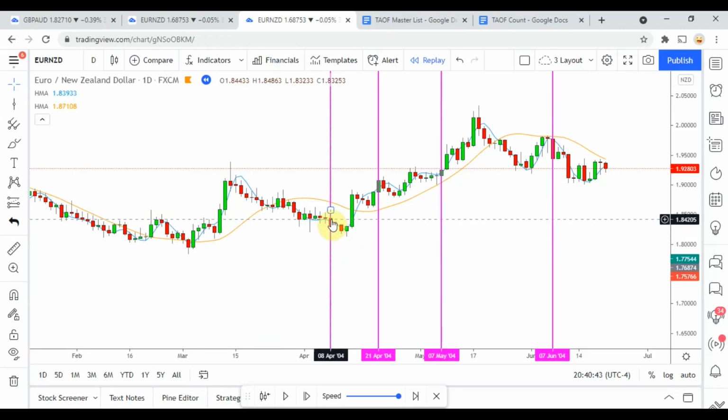And so we'll look at a short version over here. If you follow the faster one, obviously it is going to cross rather quickly, and so it crosses to the downside. Now we have to wait for the slower 50 period to actually catch up.